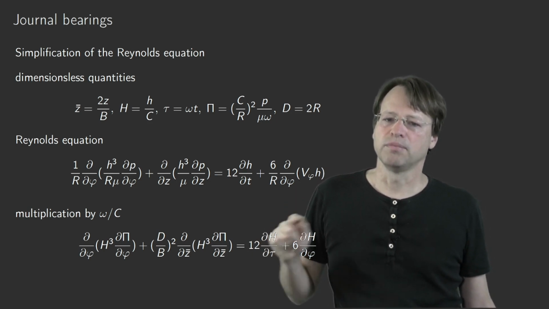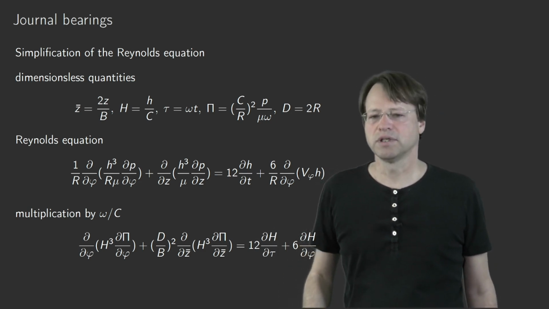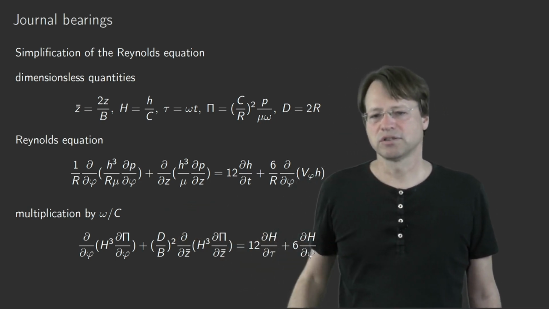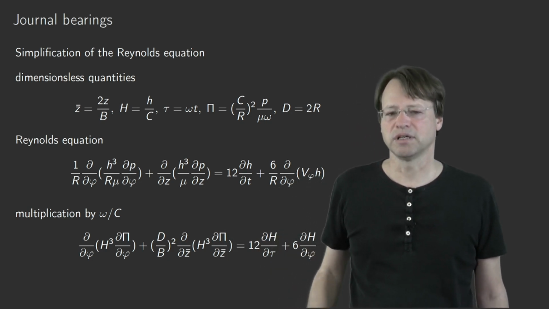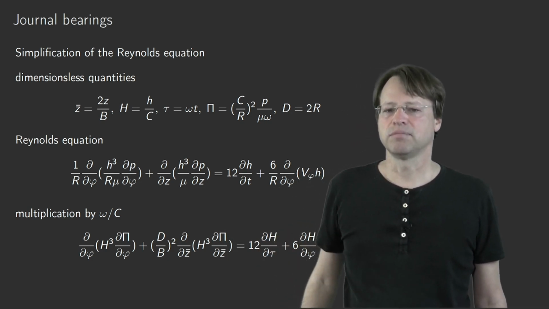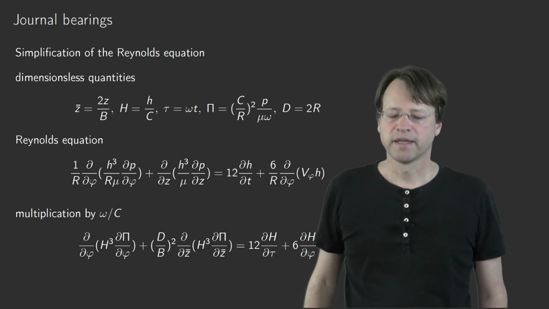So we get omega times d by d tau here. We divide by omega, so this is completely wrong. It's multiplication by 1 divided by omega c to get dH by d tau.